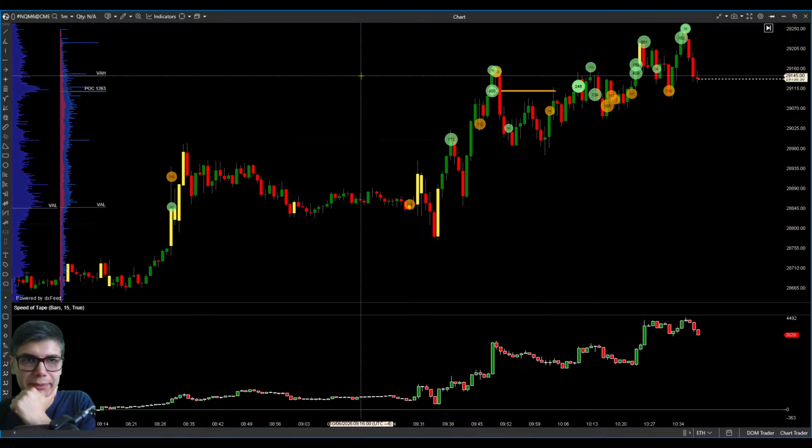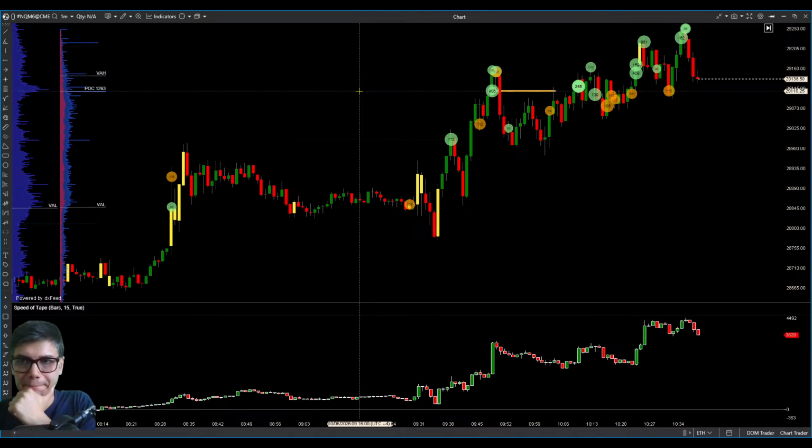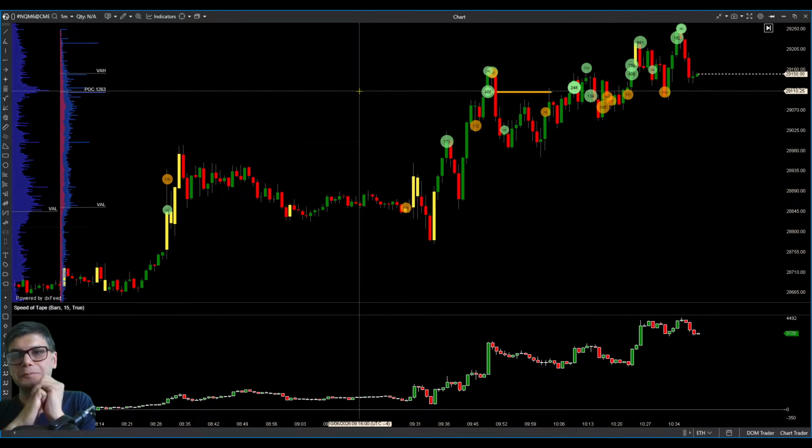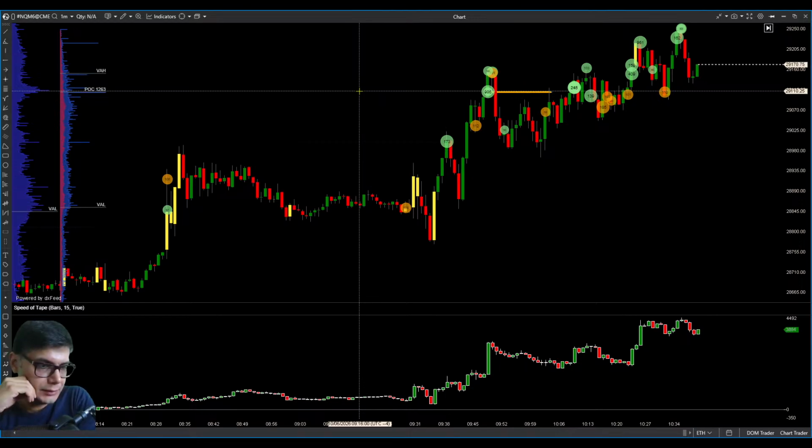That's the value area high. Why did I go long if 1.5k longs are trapped?